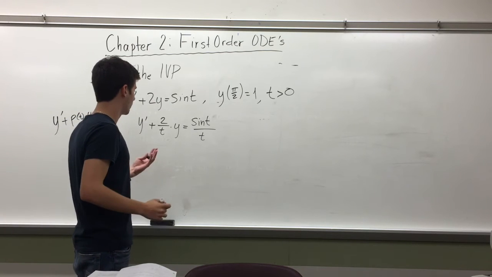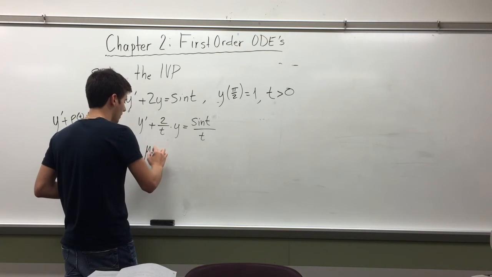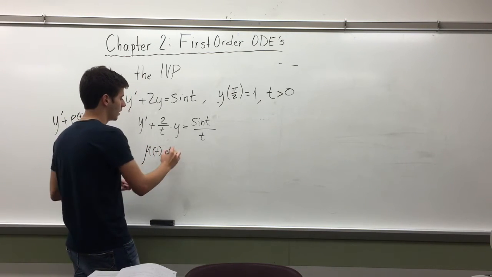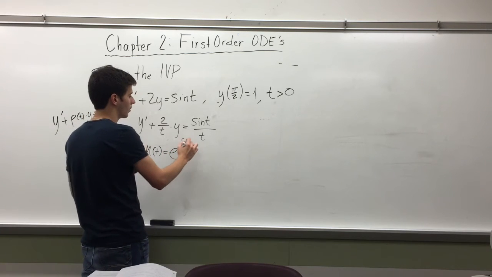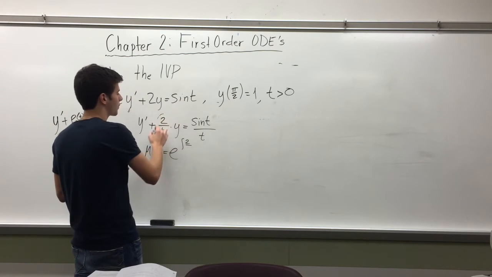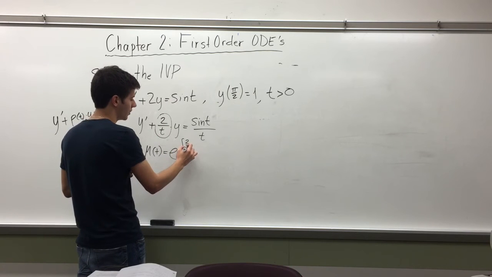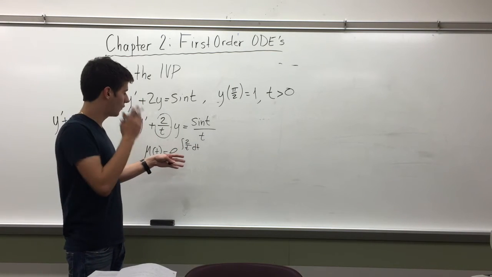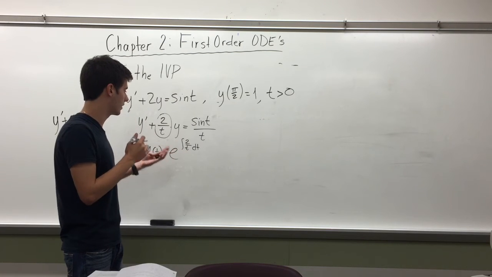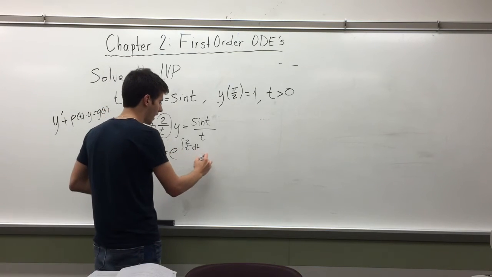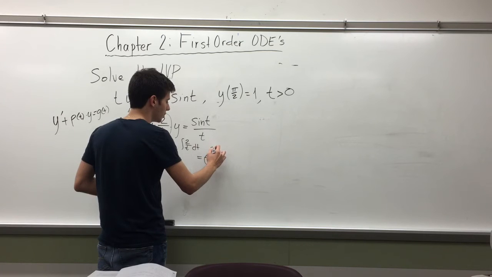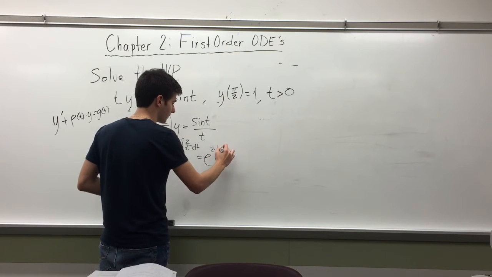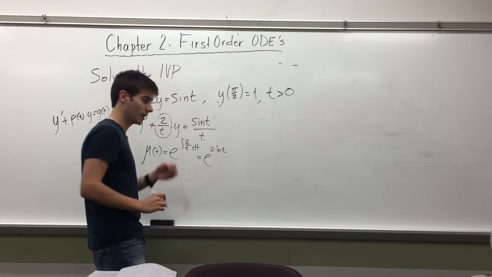Alright, what is our integrating factor mu? Mu is e to the power of the integral of this expression p of t right here, so 2 over t dt. If we integrate this, we're going to have e to the 2 times ln of t.